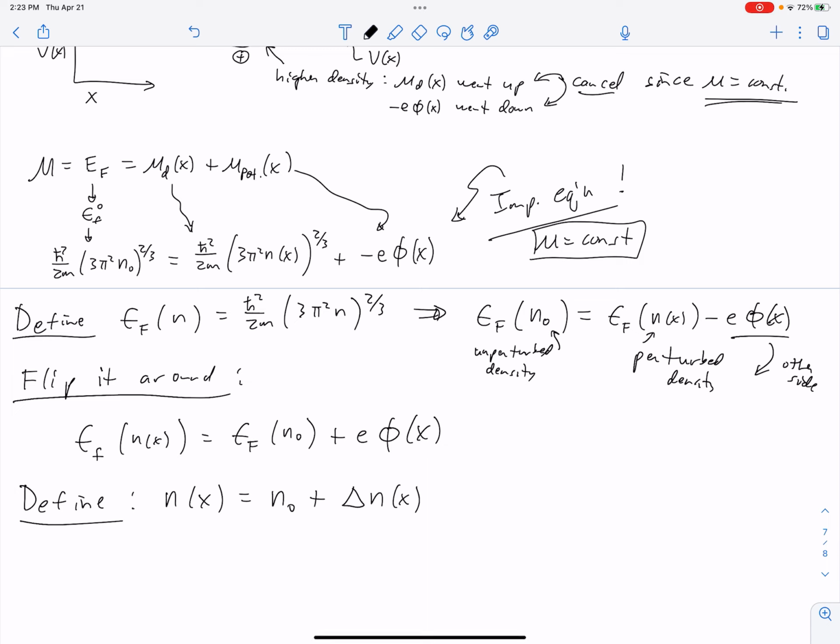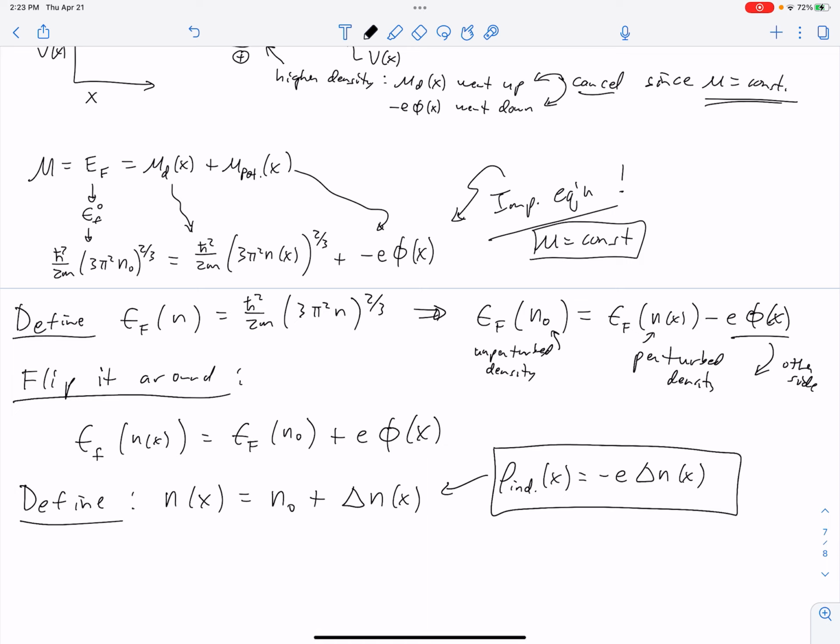So there's the background constant density, but then there's this position-dependent change in density. But that's just rho induced, because I know that rho induced of x is equal to negative e times delta n of x by definition.